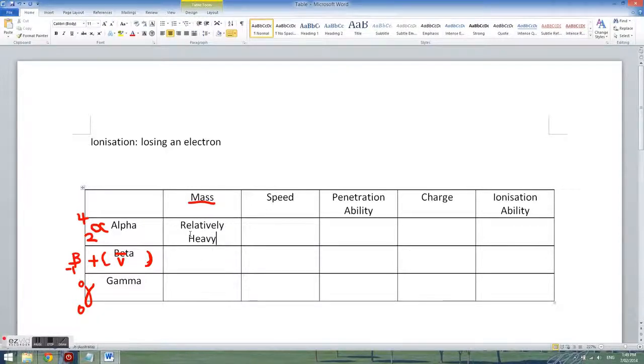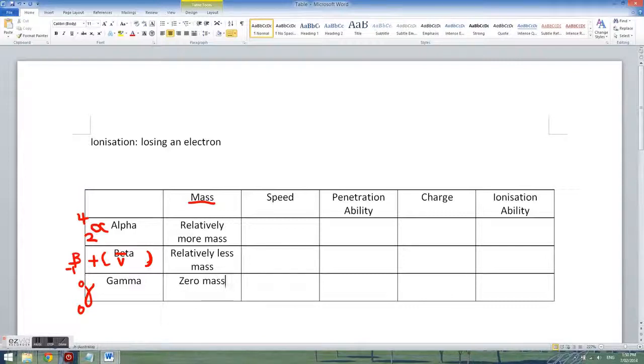Let's put it in proper words: relatively more mass, relatively less mass. Now, if you go to your gamma ray, your gamma particle has no mass, zero mass.